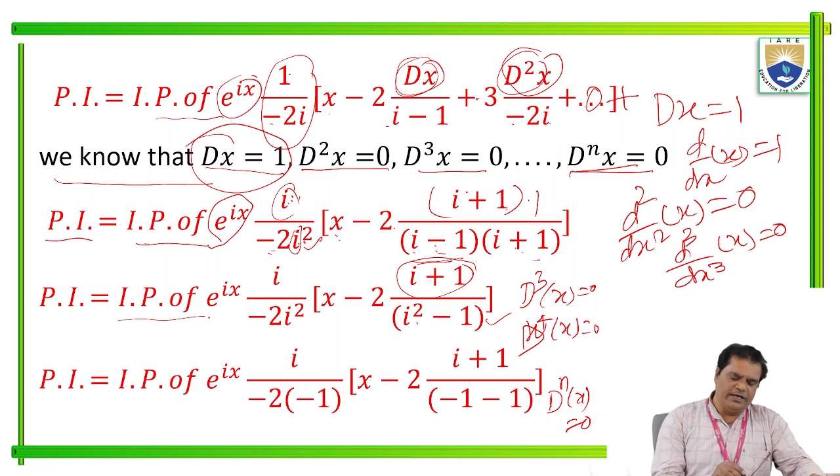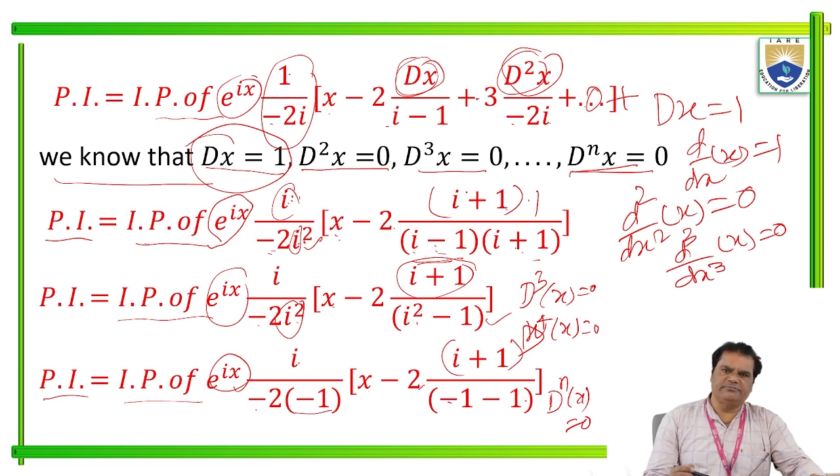So P.I. equal to I.P. of e to the power ix, here i upon minus 2i square, x minus 2, i plus 1, here i square minus 1. So now P.I. equal to I.P. of e to the power ix, i upon minus 2i square is minus 1, x minus 2, i plus 1. This minus 1 minus 1, i square is minus 1 and minus 1.